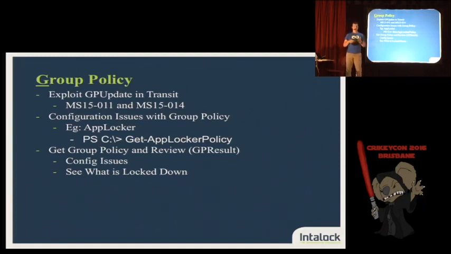Just recently I was on a test where I was trying to break out of an environment and it had AppLocker enabled, and I could enumerate using my file permissions where I could write to.